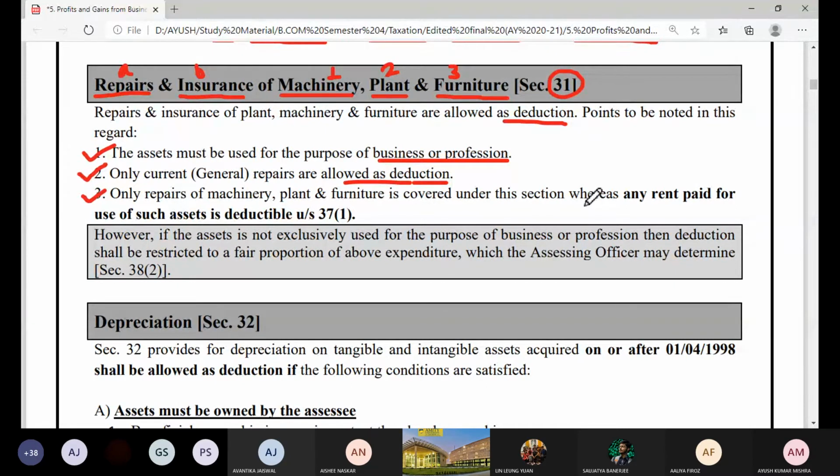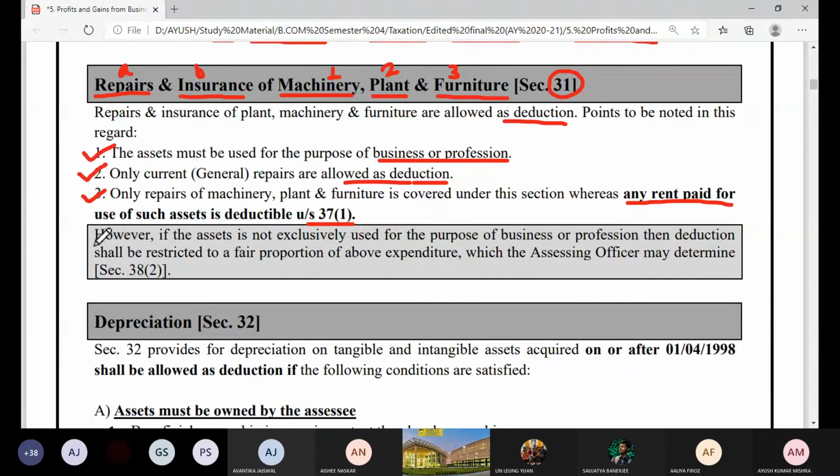If we are incurring any rent, or we are taking these items on rent, then we have to look for section 37 subsection 1. In section 37 subsection 1 they again told us that if machinery, plant, and furniture are taken on rent, their rents can be allowed as deduction, but that is covered in section 37, not in section 31. So rents are also deductible, but they are deductible in some other sections.